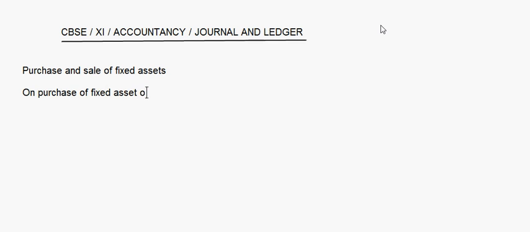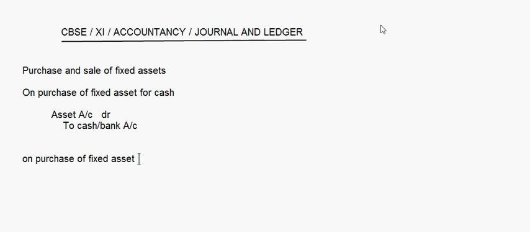now if we are going to purchase the fixed asset on cash, for cash, it's basically the asset account, whatever asset we are purchasing, asset account debit to cash or bank account, and on purchase of fixed asset on credit, in that case it will be asset account debit to the supplier account.